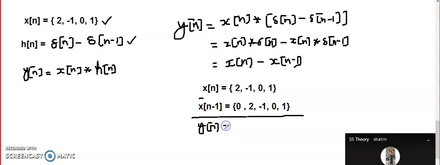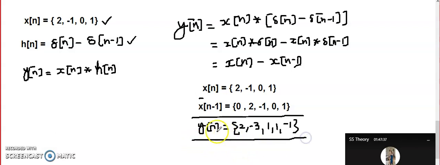Yn will be 2 minus 0 यानी कि 2, फिर -1 minus 2 यानी -3, then 0 minus 1 यानी +1, फिर 1 minus 0 यानी कि 1, फिर 0 minus 1 यानी कि -1. So your yn will be this. Got it?